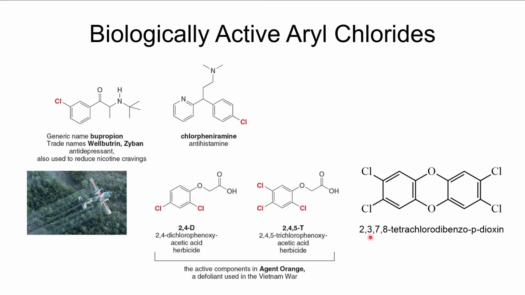It's the 2,3,7,8, so the 2,3 and the 7,8 positions, tetrachlorodibenzo-p-dioxin. So the dioxin is this part, and then this is the dibenzo part, and then there's the tetrachloro. This shows up in about 2 or 3 parts per million when they're producing these compounds. And that 2 or 3 parts per million is enough for the pretty potent carcinogenic properties of this.